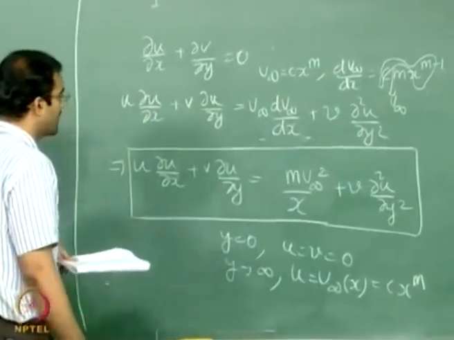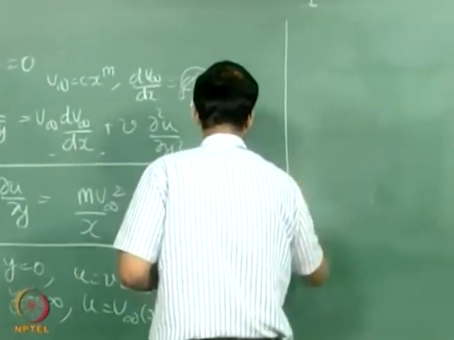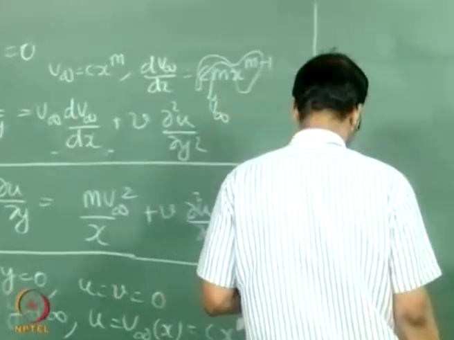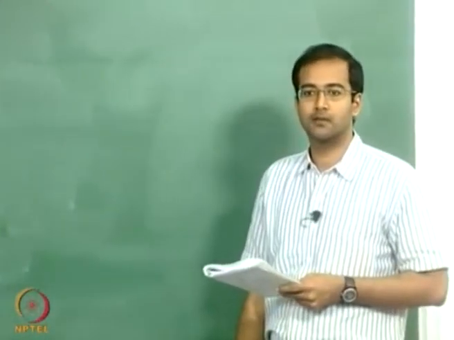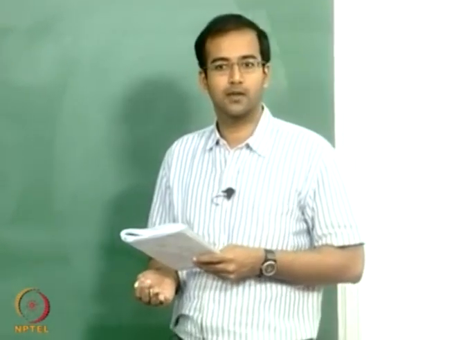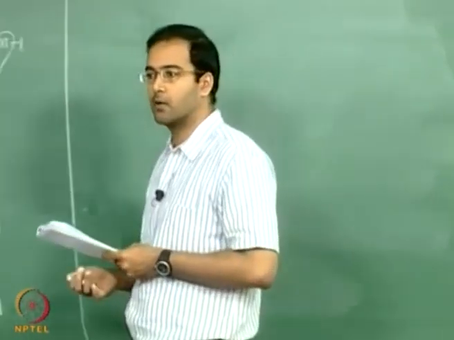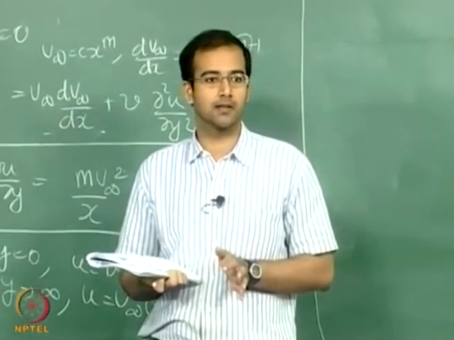Now how do we reduce this to an ODE? The same approach that we used with the Blasius flow: you assume a similarity variable. Let us assume the same similarity variable that we got for the flat plate flows, because the functional dependence of boundary layer thickness on x is going to be the same whether you have a pressure gradient term or not.